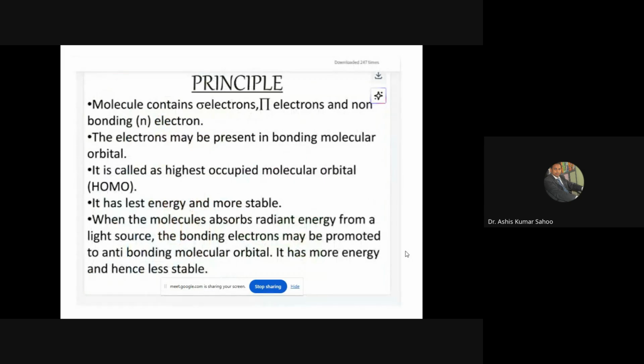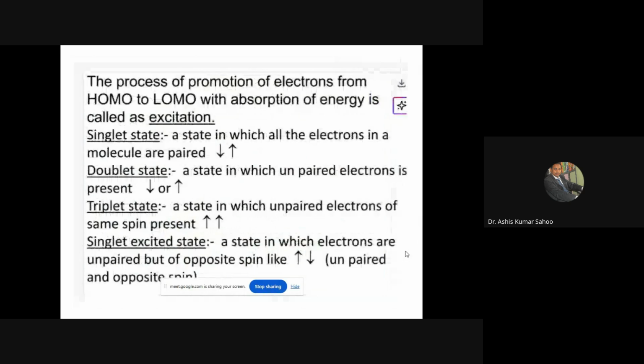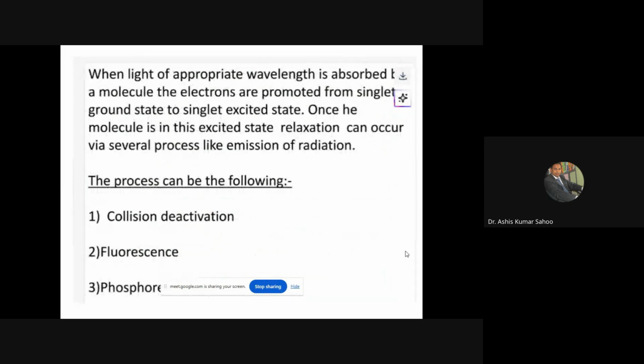The excited electron will jump from HOMO to LUMO. During this process, we have a ground state singlet, and the excited state can be triplet or doublet. So during this process, we will see fluorescence and phosphorescence.